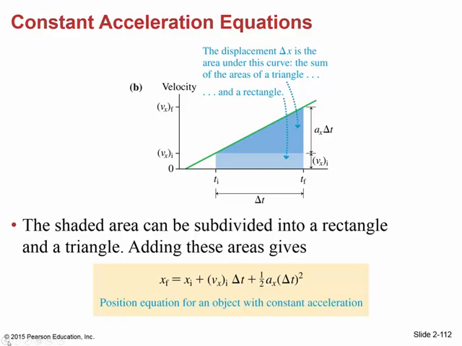So here's another kinematic equation. We can also find final displacement from initial displacement, initial velocity, the changing time interval, and the acceleration. Now, where does the 1/2 come in? Well, it comes from this area right here. The area of a right triangle is 1/2 the base times the height.